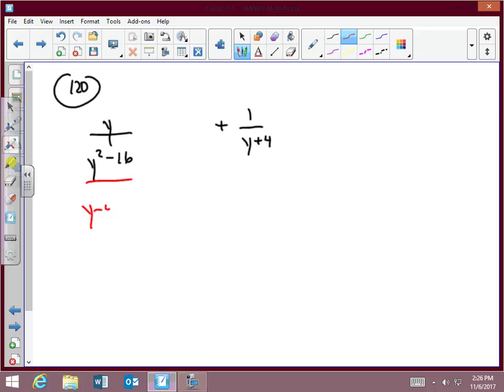Okay, y minus 4, y plus 4, right? Because that's a difference of squares. Now, is this thing prime factored? Yeah, it is. So my least common denominator is going to be what? Y minus 4, y plus 4, right?